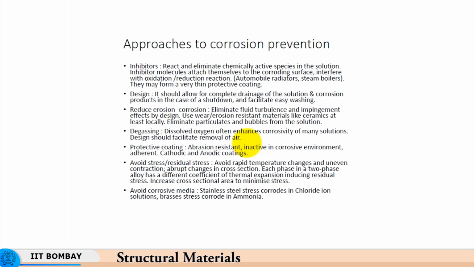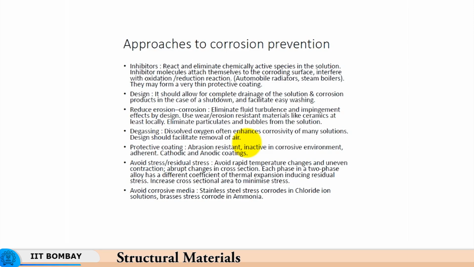So, cathodic coatings are a little dangerous because they work very well as long as the coating is completely undamaged, whereas anodic coatings, even if they are damaged, make the exposed surface behave cathodic, because when you have coated steel, let us say with zinc for instance, zinc is anodic.